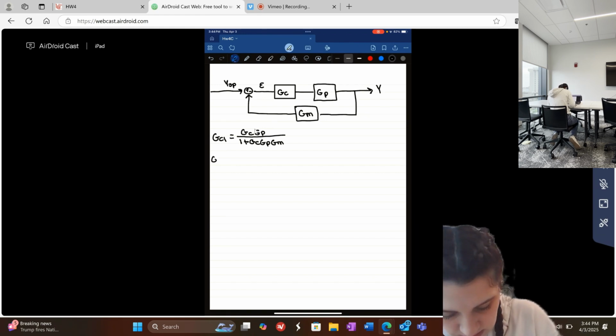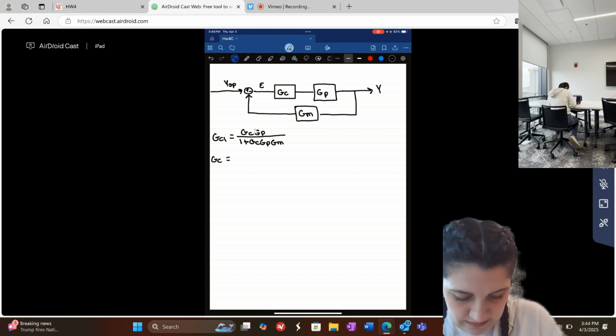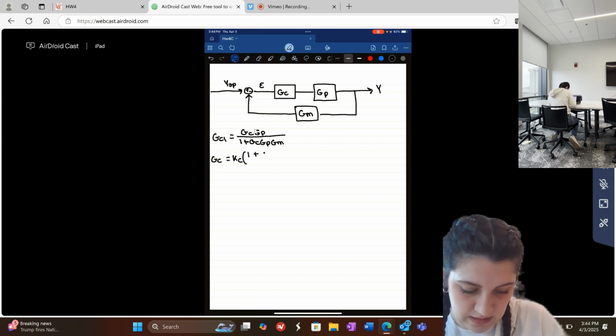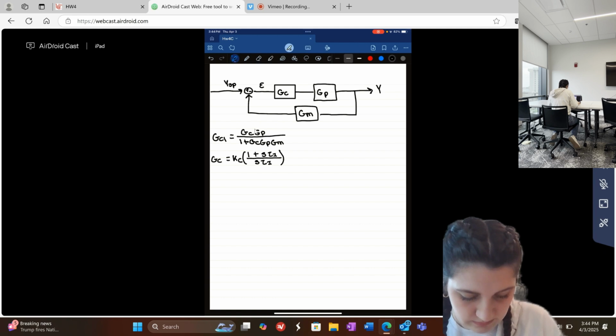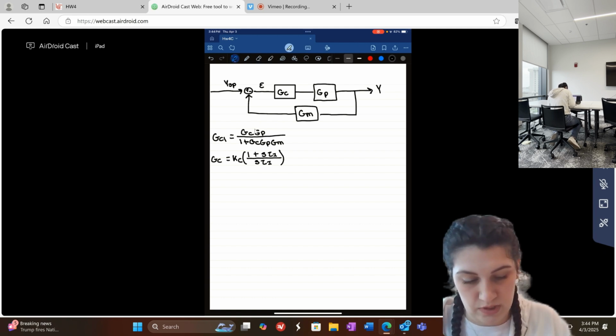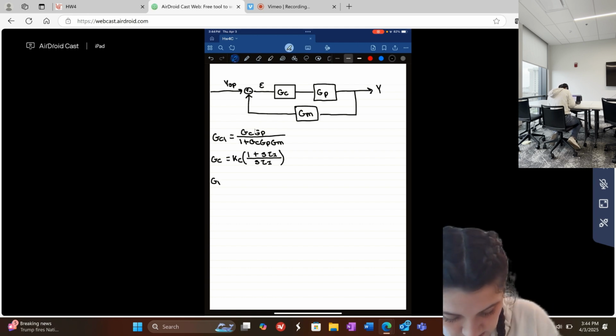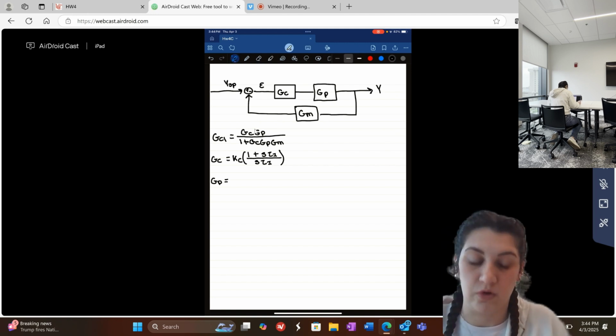So for GC, we're going to have KC times 1 plus S tau I over S tau I. For GP, that's our function there.